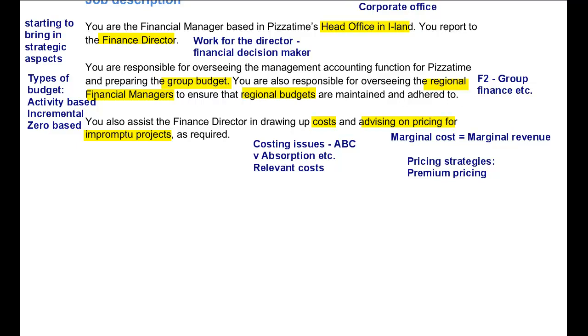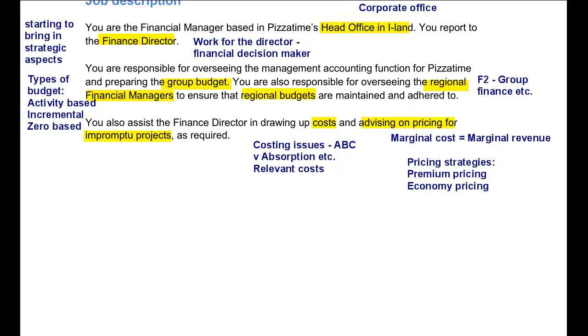So your Ryanairs and your EasyJets are very low cost, economy priced products where they charge a very cheap price, and as a result they get many customers who don't want all the extra things that come along with flying. That perhaps could be good for an organization such as Pizzatime that deals in a highly commoditized product, a highly commoditized industry.